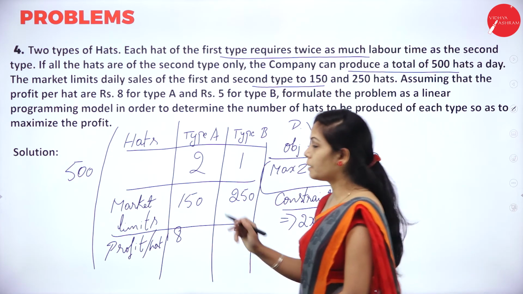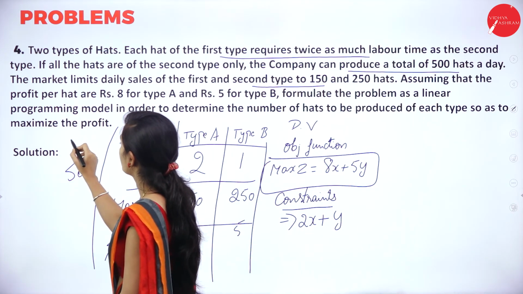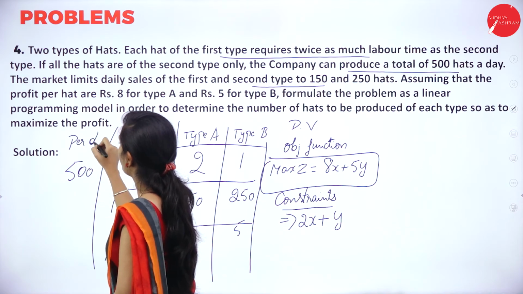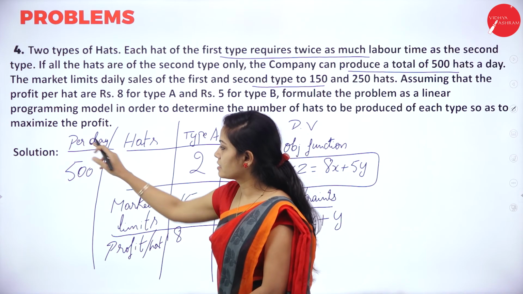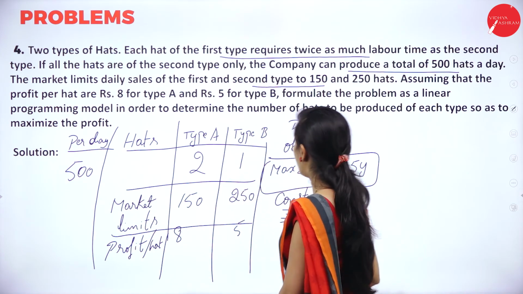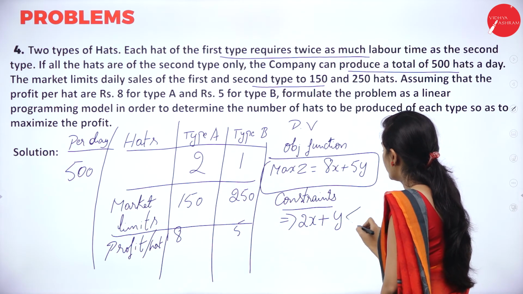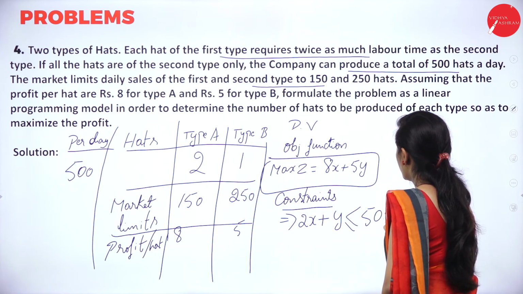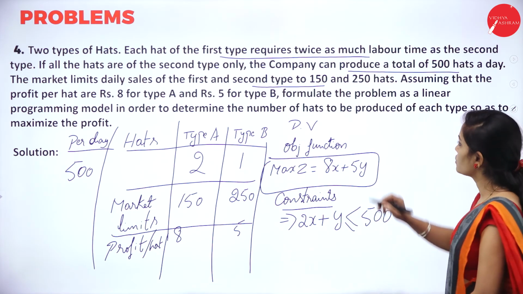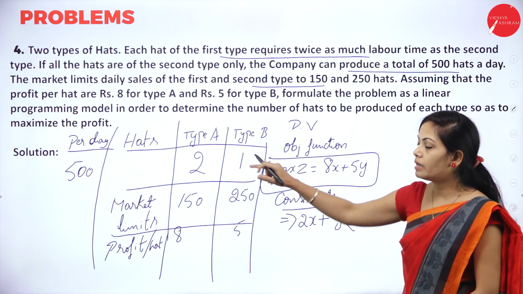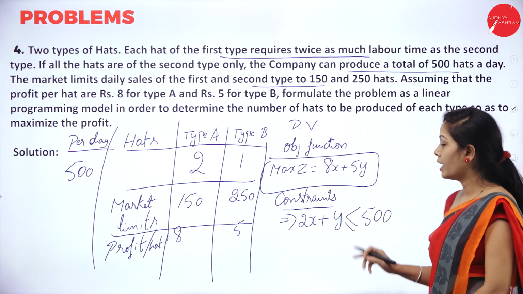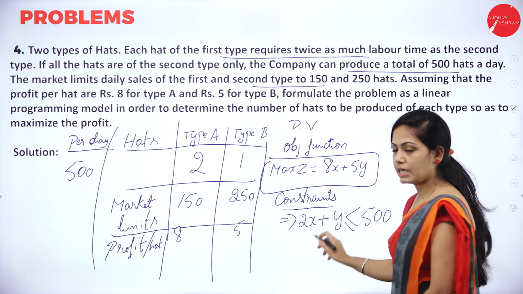So per day the company can produce 500 hats. So it is less than or equal to 500. That is the availability of the product, and this is my constraint.